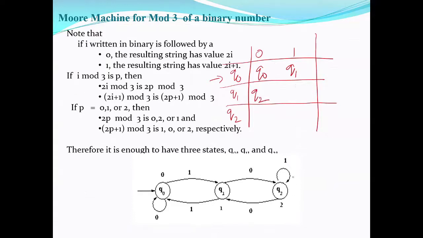Then q1 on 1, q0, and q2 on 0, q1, and q2 on 1 is q2. Now this is transition table. Now we have output. So here I'll write this is output. The output is now for q0 output is 0, for q1 output is 1, for q2 output is 2. So this is how you can write the transition table for Moore machine.